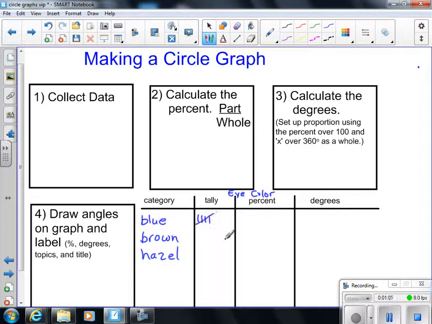Okay, looks like 5 people. Okay, brown. 6. Hazel. 5.